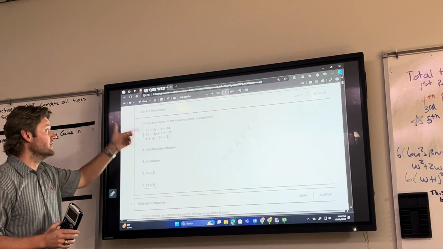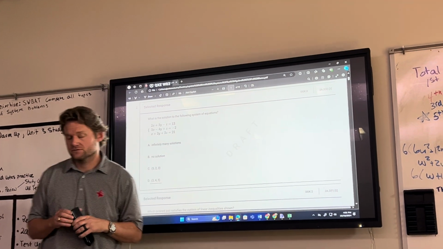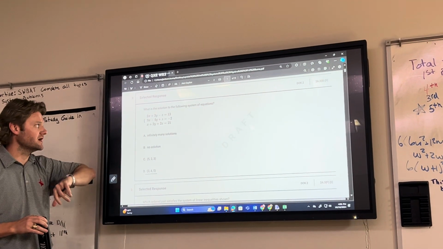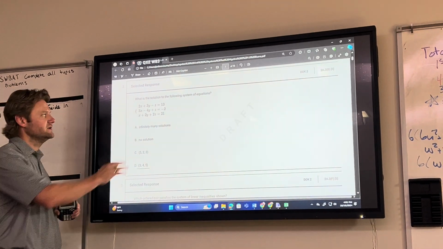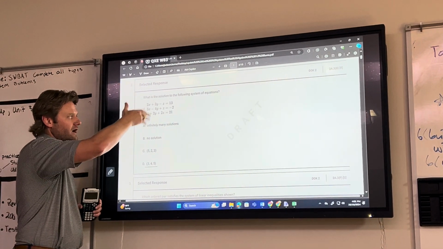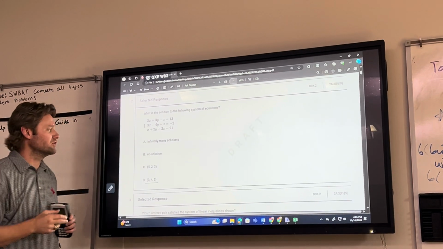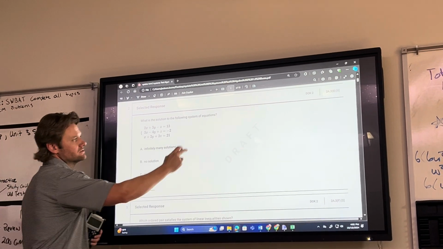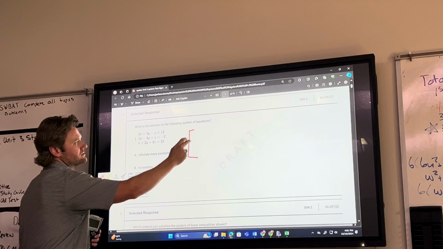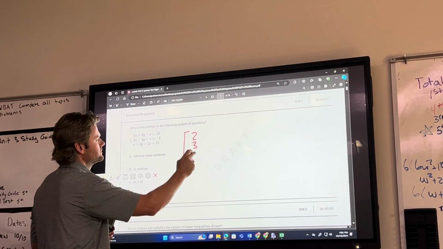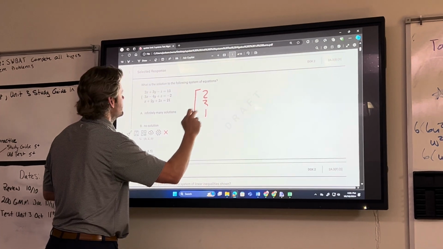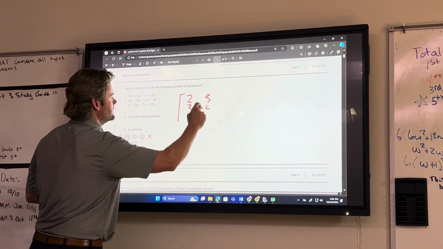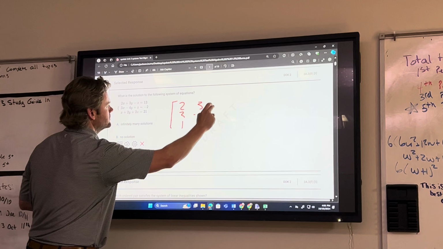Number 2, another 3 by 3 matrix, right? Again, numbers can change, right? Make sure they're all lined up. Here, should be pretty easy. Make sure your y's, x's are all in there. Remember, you're using the coefficients. So in your matrix box, this one should look like this: 2, 3, and 1. 3, negative 4, and 2.